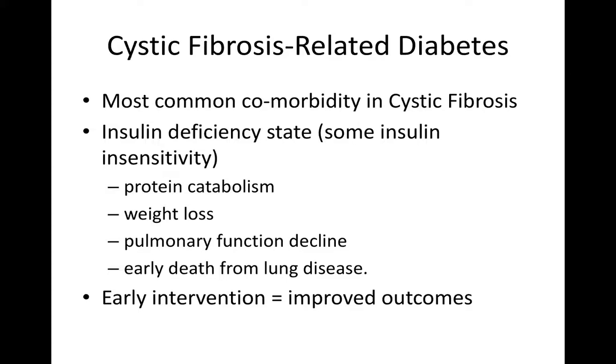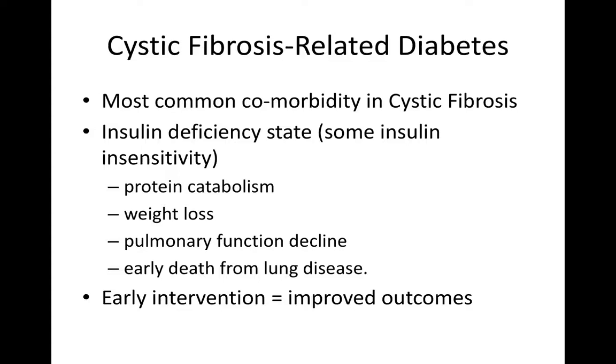When people with cystic fibrosis are born, when they do MRIs of their pancreases, we see that the pancreas is actually smaller and underdeveloped as compared to a person without cystic fibrosis. So there's probably some component of just being born with less.